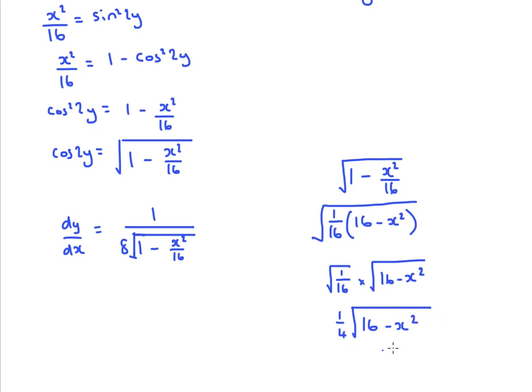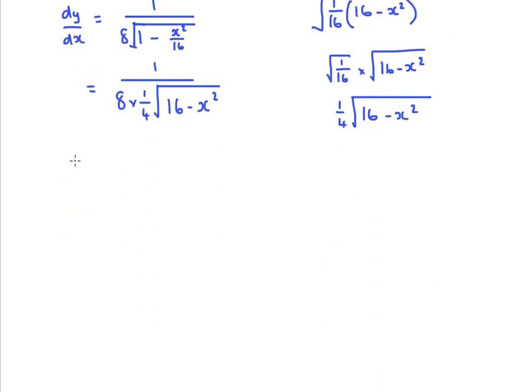So that's much, much better. That's what we were after. So I've now got to just bring that back in. So that's going to be 8 times a quarter of root 16 minus x squared. We can multiply the 8 and the quarter together to get 2. So my final answer is 1 over 2 root 16 minus x squared.